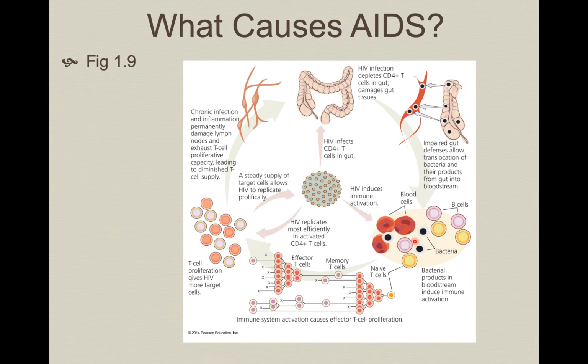Now what that does is it induces, once those pathogens get into the bloodstream, the immune system kicks in and it says, okay, we've got a problem here, we got to start dealing with this. So we get the B cells produce, and then the T cells. But remember, HIV is beginning to attack these as these are going up to fight the bacterial or fungal infection. That's producing more target cells, the immune cells, that then the virus is able to attach to and make more copies of themselves. And so it's this negative cascading effect.